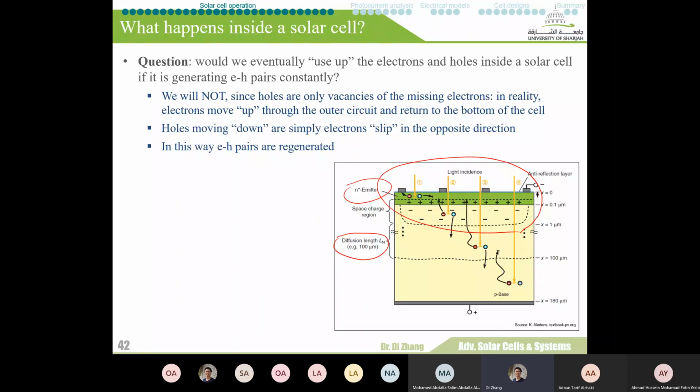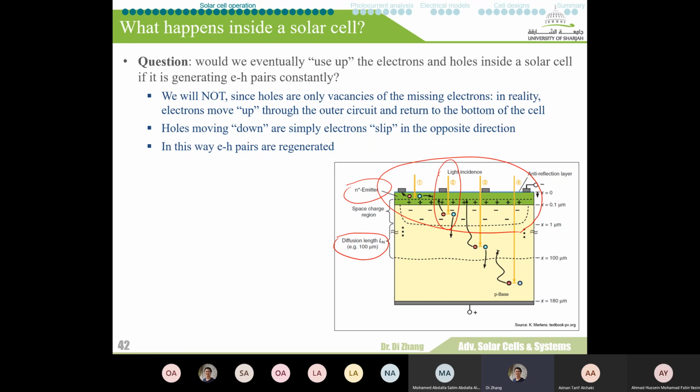Then we mentioned the very ideal case, the second photon incidence, which happens inside the space charge region. Immediately the generated electron and hole pairs will be separated. You do not even need to consider the diffusion process.